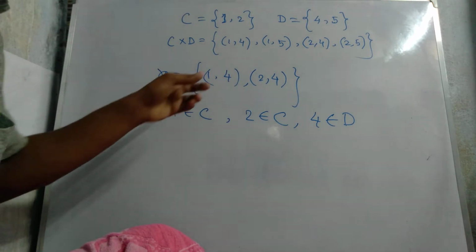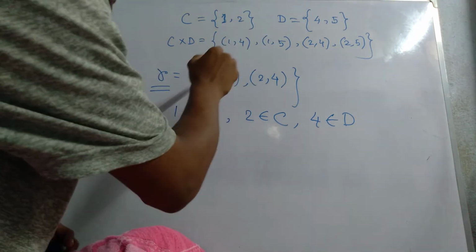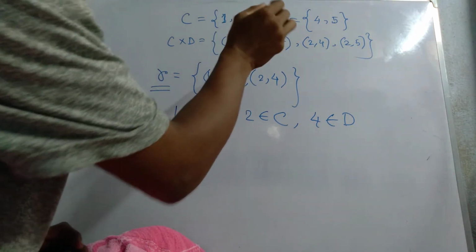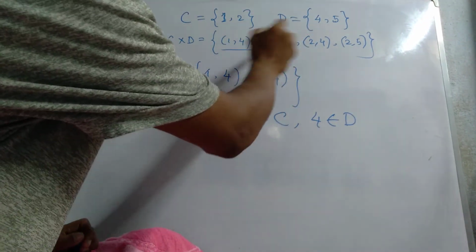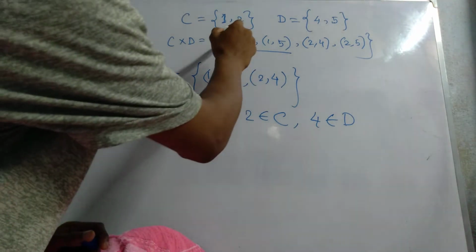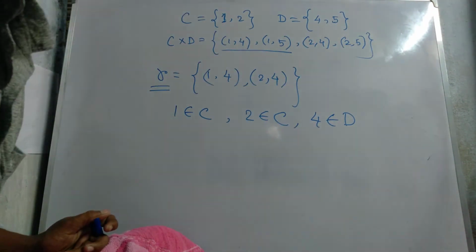But if the first element were the same, like (2,4) and (2,5), with 4 and 5 different, then it would not be a rule of assignment.